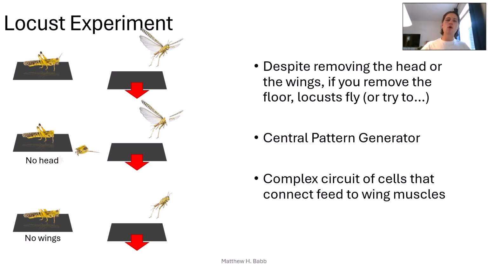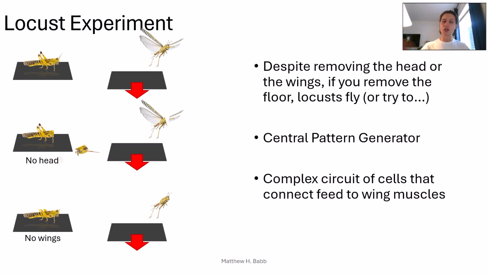After more and more experimentation, they found what is known as a central pattern generator. This central pattern generator is a complex circuit of neurons that can produce rhythmic motor outputs, like in this case, wing flapping. And it doesn't need any access to the brain whatsoever.